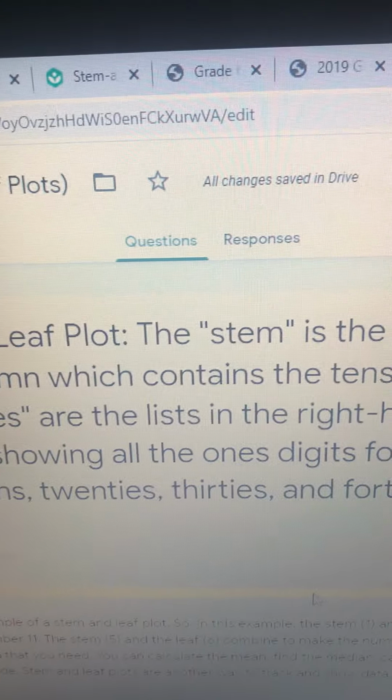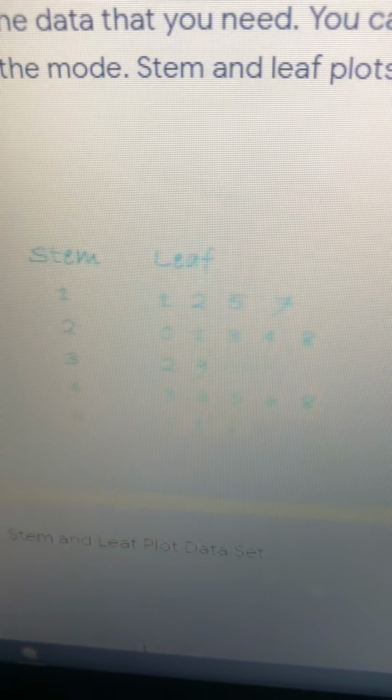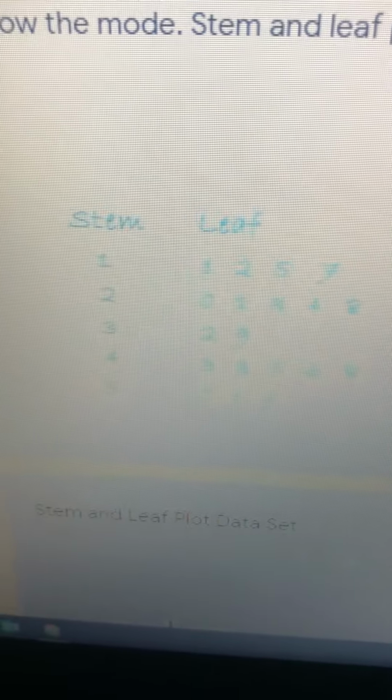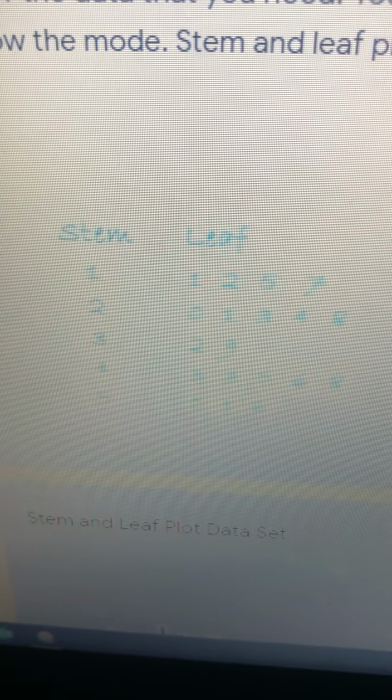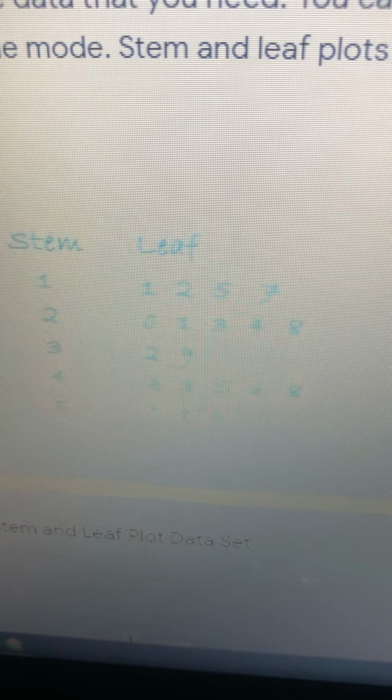So we're talking about stem and leaf plots today. As you can see from this example, it's kind of hard to see a little bit on your screen, but it's just another way to depict data. The stem is the numbers on the left, and then the leaf would be the tens, hundreds, thousands, what have you.